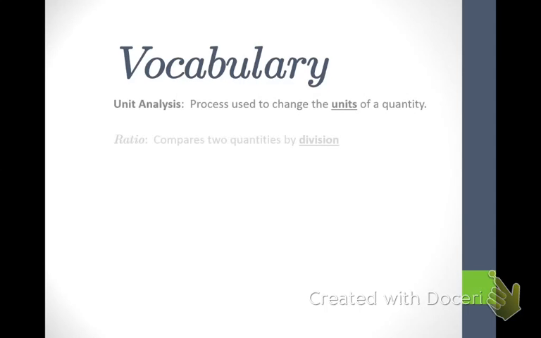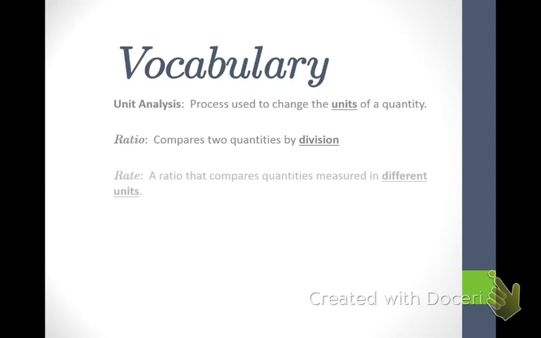A ratio compares two quantities by division, and it can always be written as a fraction, and very often is, because it's the easiest way to use it. There are other ways to write ratios, but I'll get into that some other time. It just compares two quantities by division.